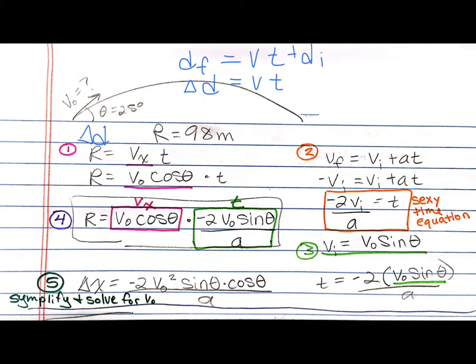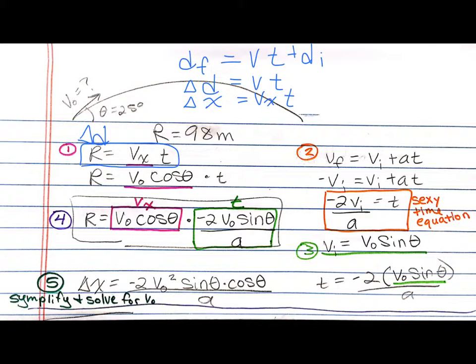And now instead of saying delta d, we're saying that it's the change in the horizontal position, which is the horizontal velocity times time. And then delta x is also known as range, or r, and so that's where this equation is coming from in the first place. So I can substitute Vx for V naught cosine theta, which is exactly what I've done in that equation.